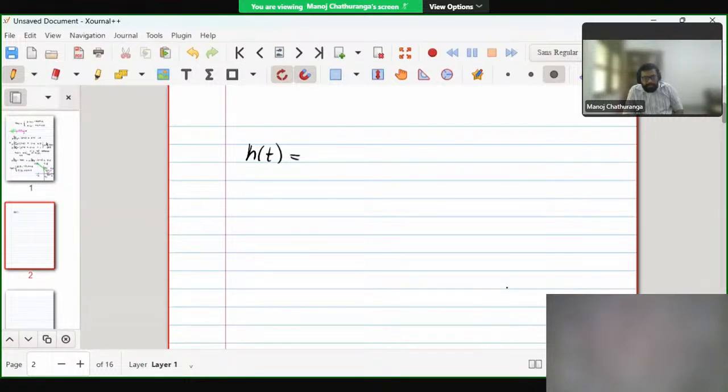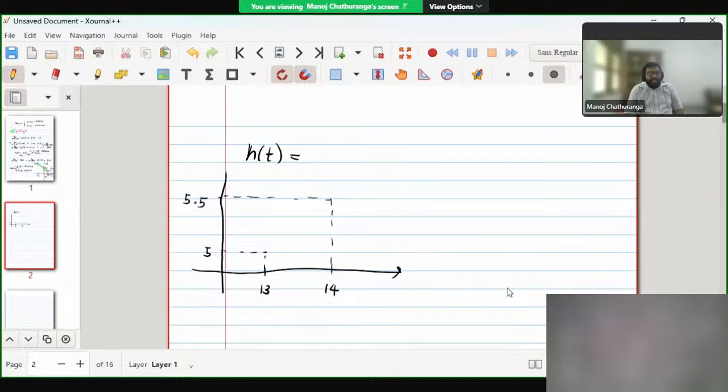So height is a function of time t. According to the given information, on her 13th birthday, she is 5 feet tall, and on her 14th birthday, she is 5.5.